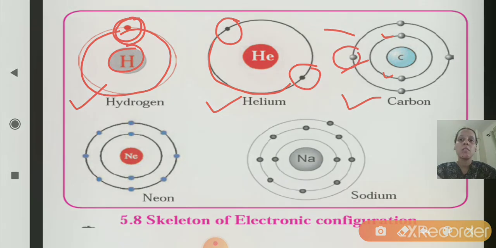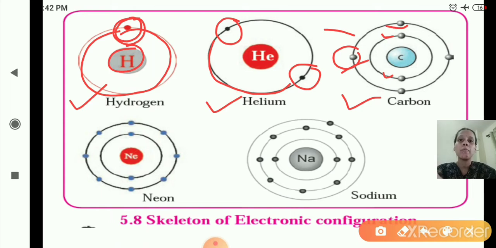This is 1, 2, 3 and 4. So total how many electrons are there in carbon atom? That is 6 electrons, right? So from these 6 electrons, 2 are in K shell and the remaining 4 in L shell.